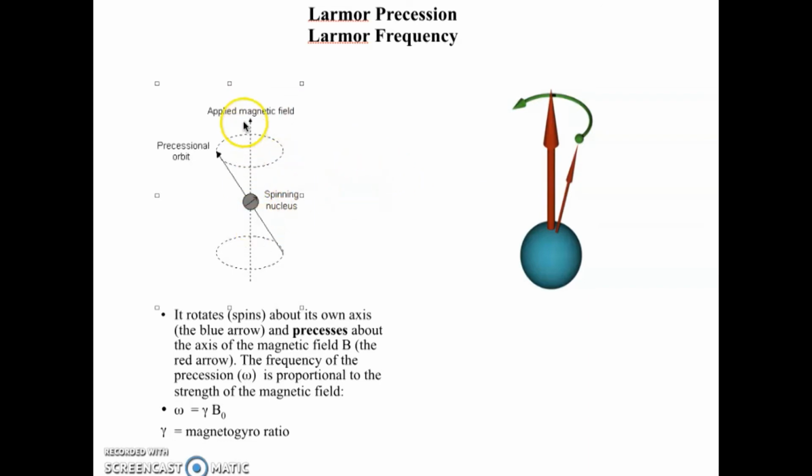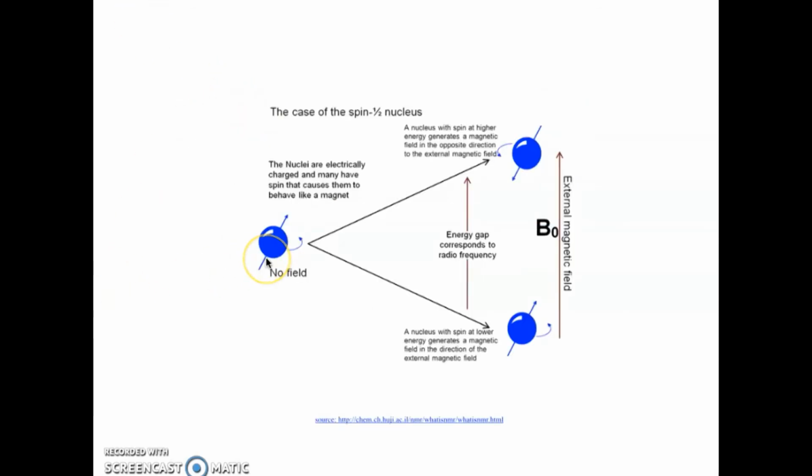It's like a spinning top. This direction is the direction of the applied magnetic field. In NMR, this precession is called Larmor precession, and the corresponding frequency is called the Larmor frequency. This Larmor frequency is exactly equal to the frequency corresponding to the energy gap between the two levels caused by the external magnetic field. And this energy gap in NMR lies in the radio frequency range.